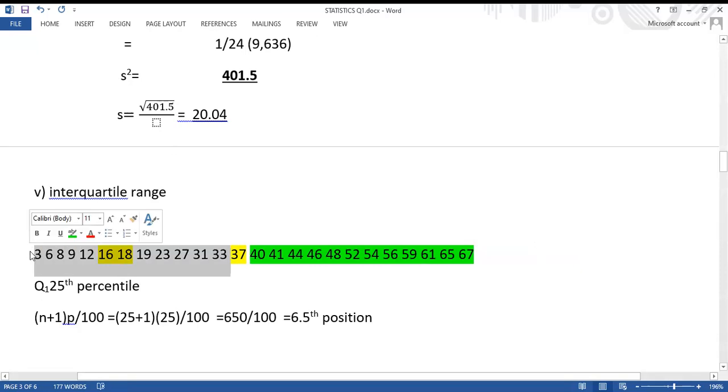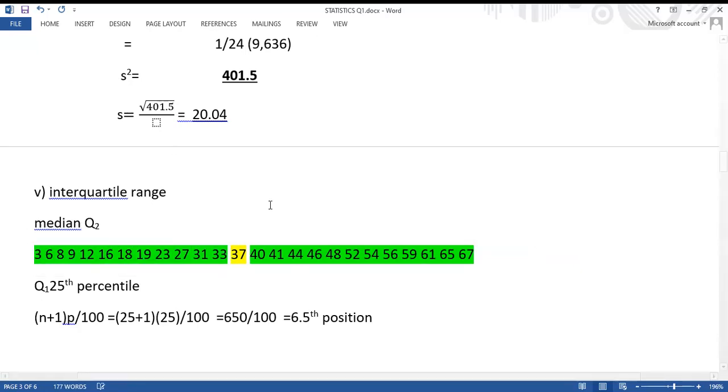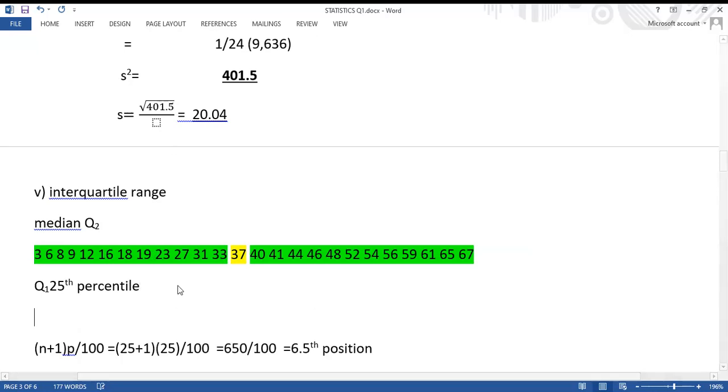The median divided the data into two equal parts. Now, the lower quartile is going to divide the lower half of the data into two equal parts.